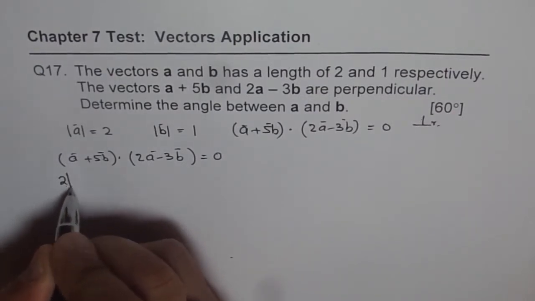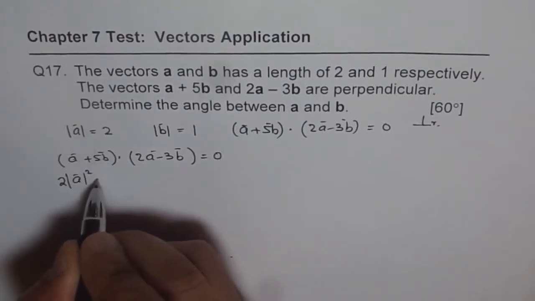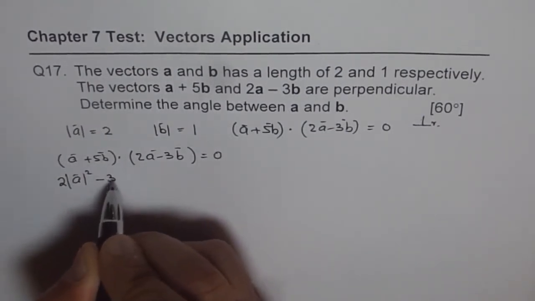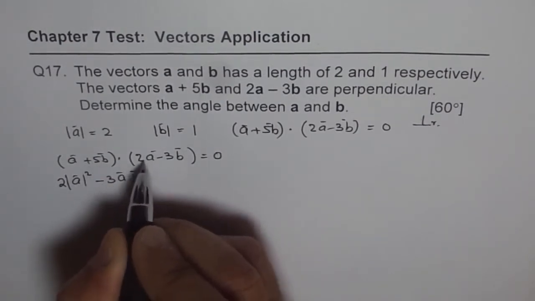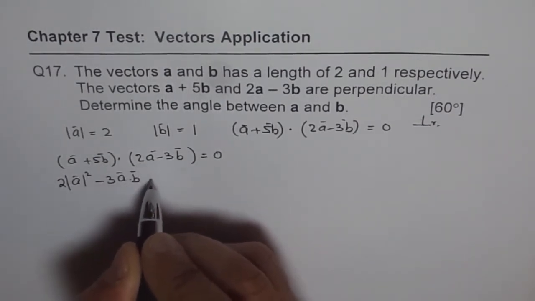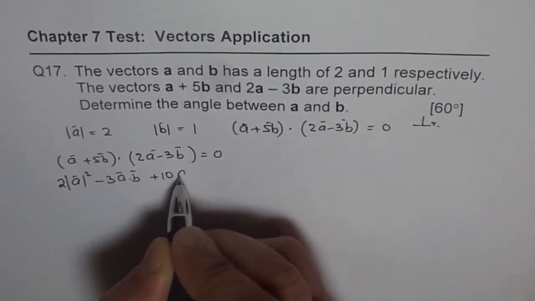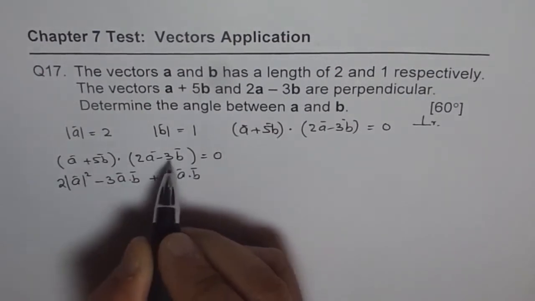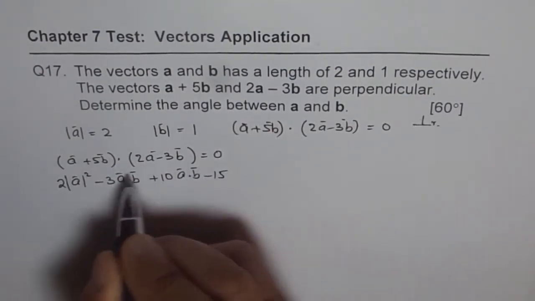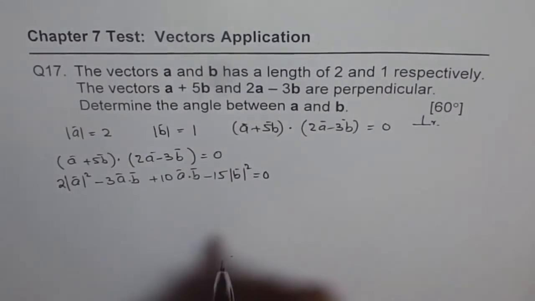So you get 2 times magnitude of A squared, and here we get minus 3 times A dot B. And with 5B, you get 5 times 2 is 10, so 10 times A dot B, and B dot A is the same thing. And 5 times 3 is 15, magnitude of B squared. This is equal to 0.